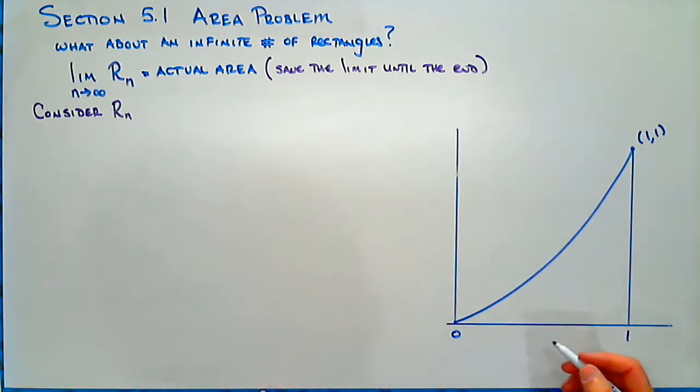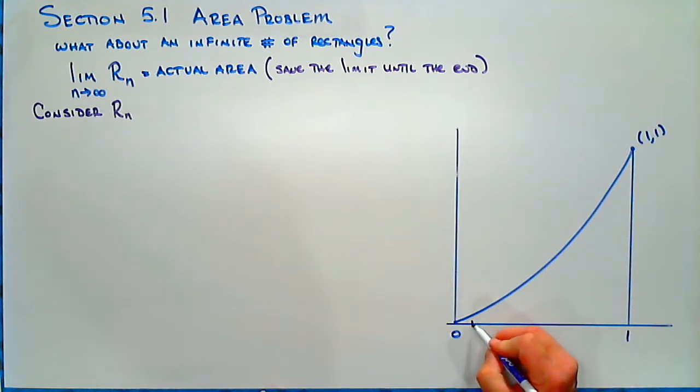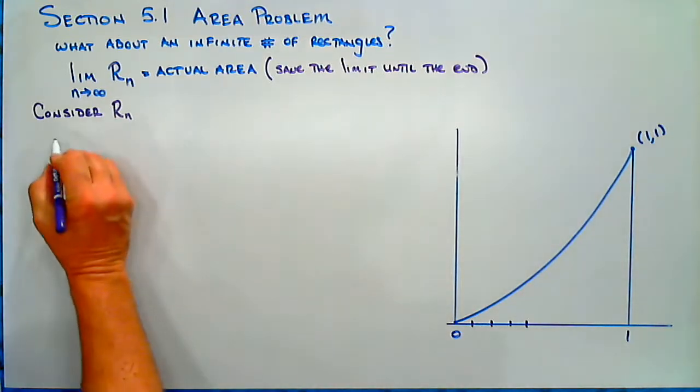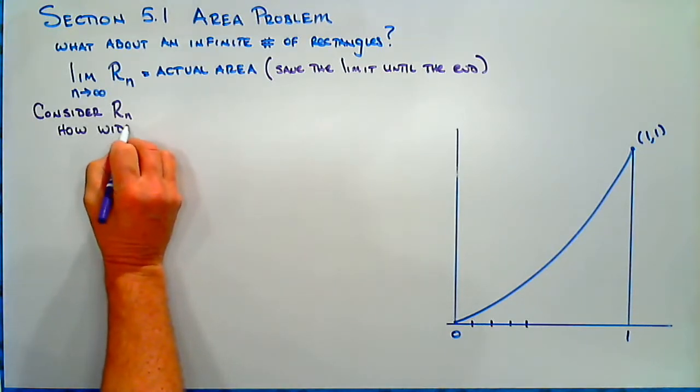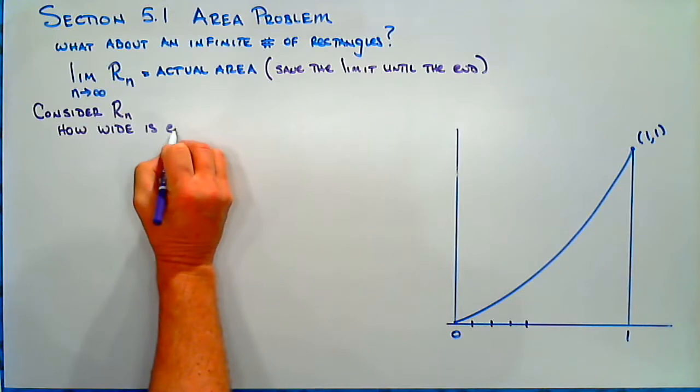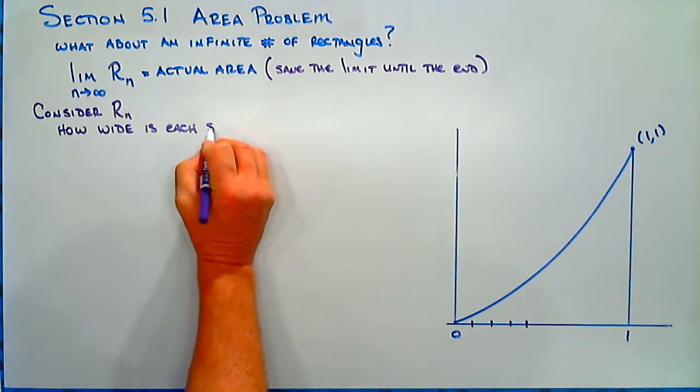Now, I can't draw n intervals here, but I'll draw a few. And we're going to ask ourselves, how many intervals do I have? I have n of them. So how wide is each subinterval?